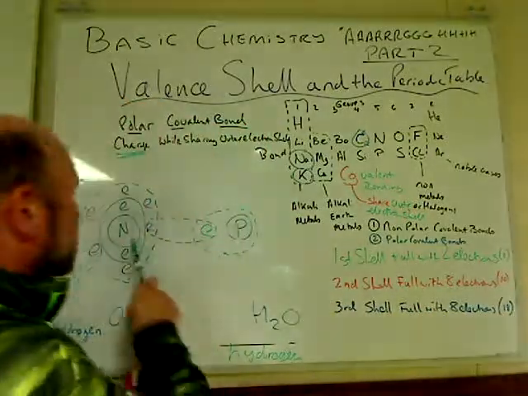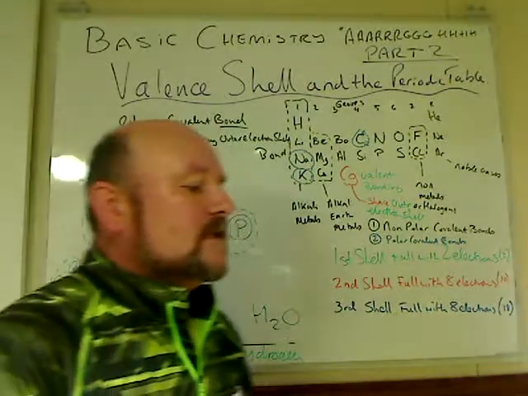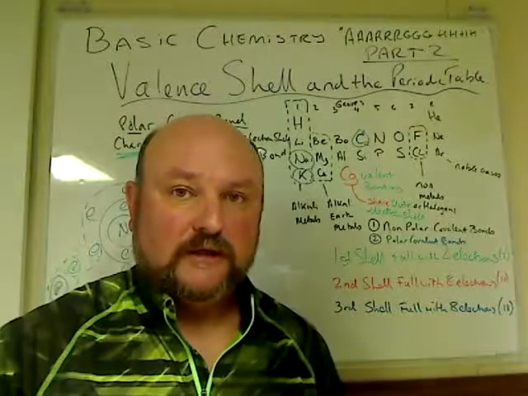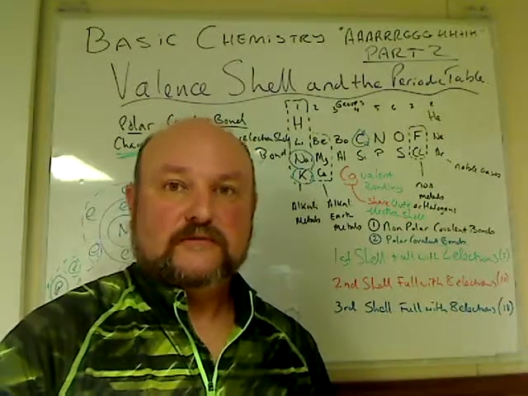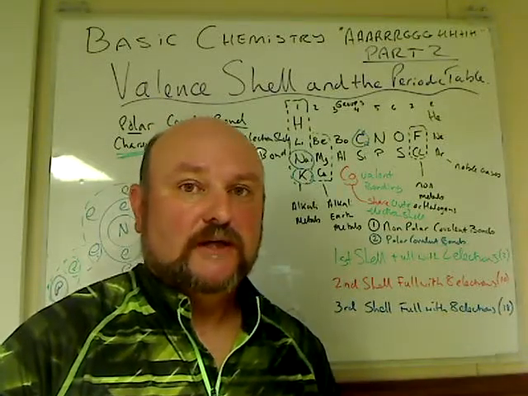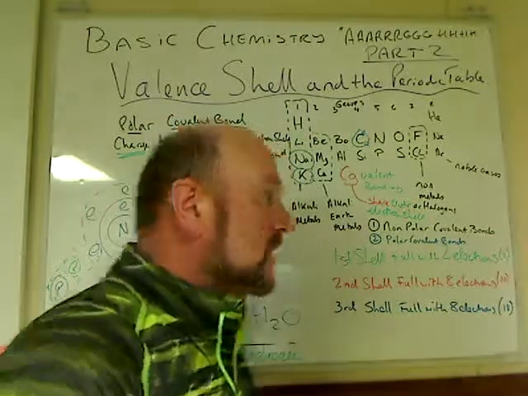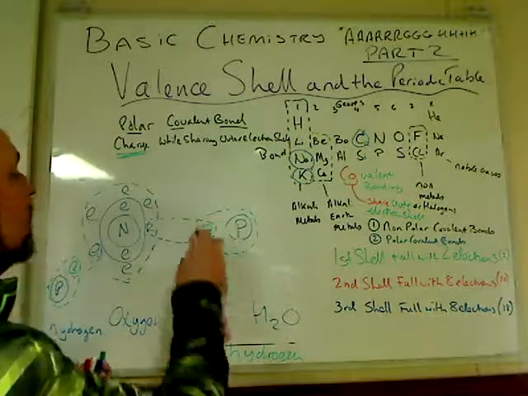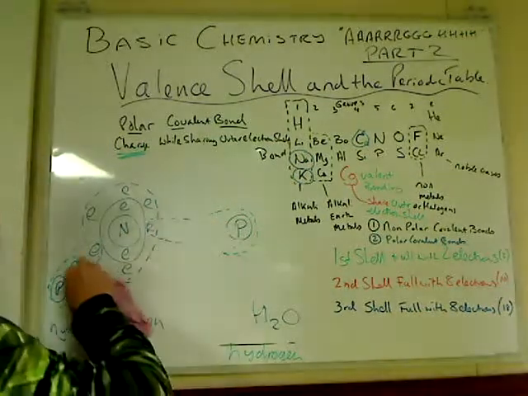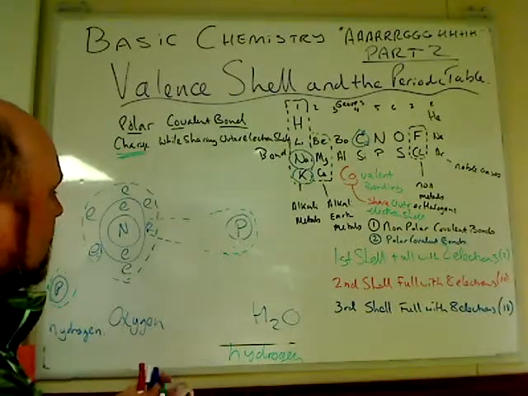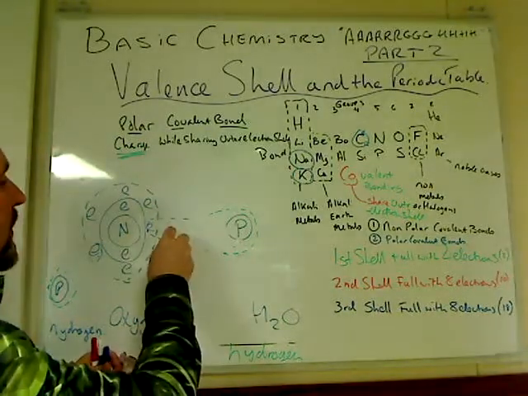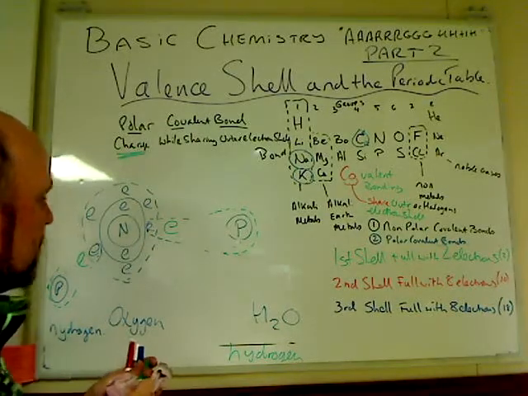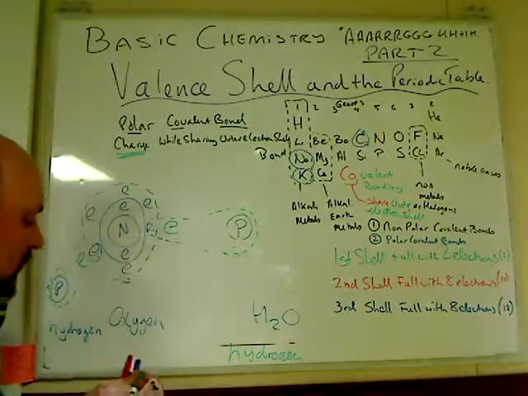In the case of oxygen, oxygen is many, many times more powerful than most of the other elements in terms of pulling the electron off the other element it's sharing electrons with. So in this case it's hydrogen. So instead of being 50-50, we have a change. The electron from the hydrogen spends much more of its time close to the oxygen because the oxygen just has a greater pull.